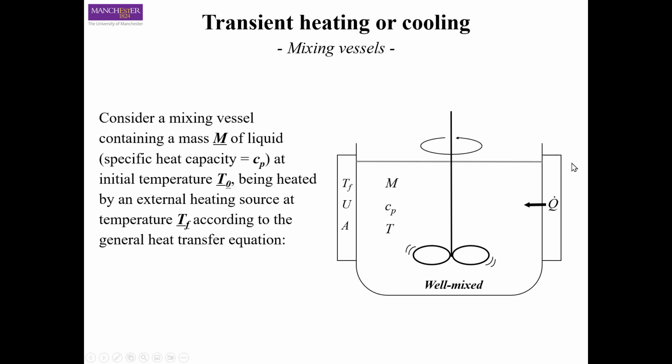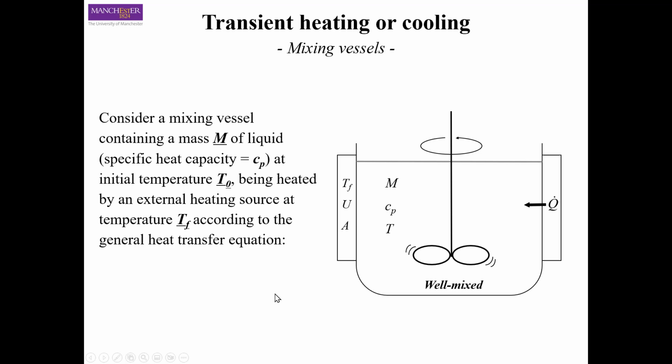And then you have the outer fluid, that is the jacket around the reactor, that is supplying the amount of heat Q dot. The fluid in the jacket, most likely steam, is at temperature TF, a constant temperature. The jacket has a surface area A, and because the heat is being transferred across a surface, we have the overall heat transfer coefficient, U.